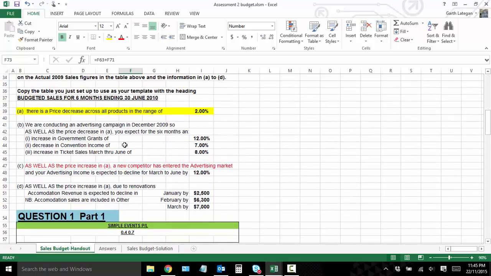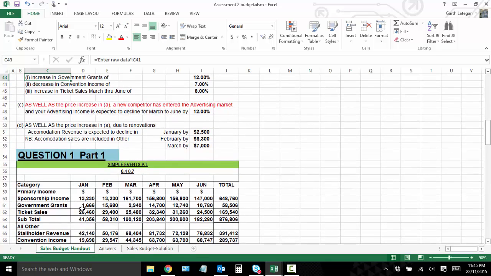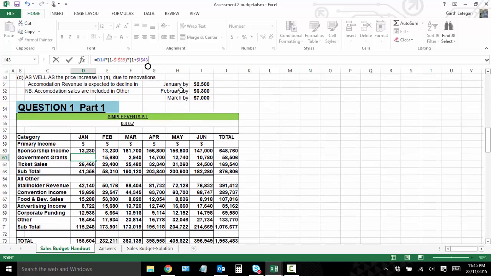Okay, so now this one is an increase in government grants. So go to government grants, and then it's just times 1, but because it's an increase it's a plus. If it's a decrease it's a minus. Plus the percentage, government grants 12%. F4. Close.